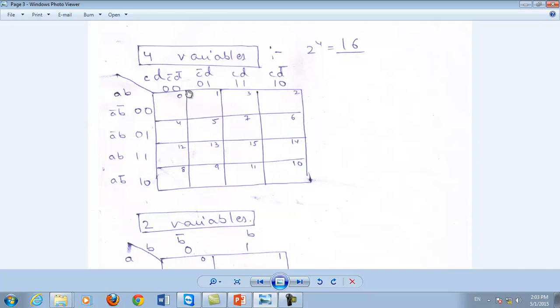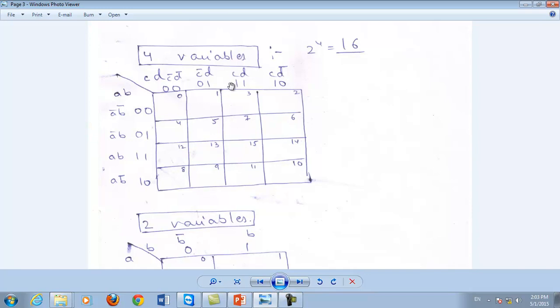And we have to write counting in the cells of the K-map to find out the position of values. But the way of writing counting in the K-map is 0 1 3 2, 4 5 7 6, similarly 12 13 15 14 and 8 9 11 10.